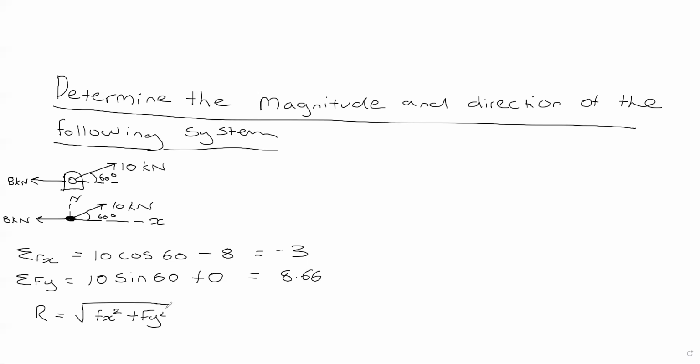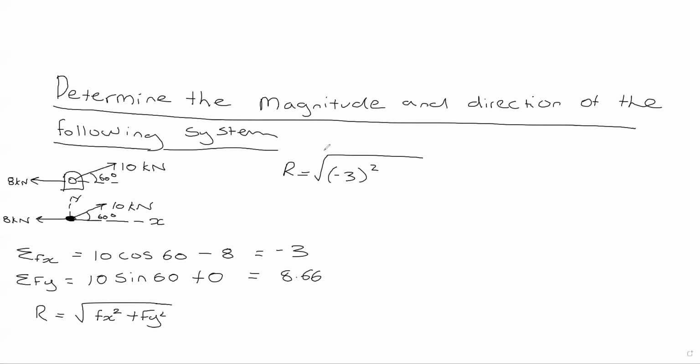If I show my working out here, resultant equals Fx squared, which in our case would be (-3) squared.